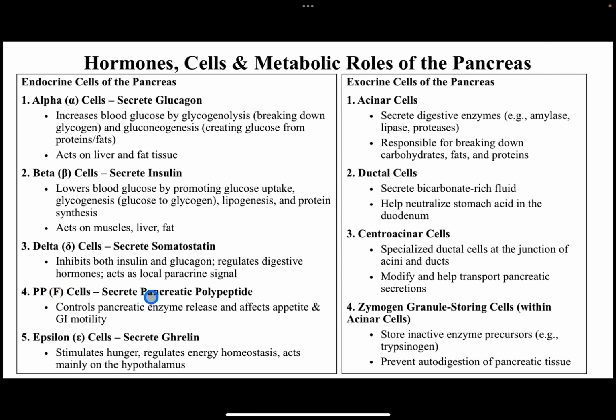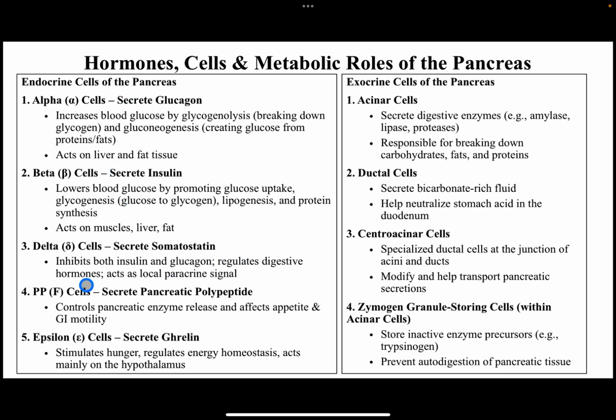Great. Now we have the PP or F cells. They secrete pancreatic polypeptide and they control the pancreatic enzyme release. Like I said, the delta cell secretes somatostatin, and the primary function of somatostatin is basically to control glucagon and insulin release.